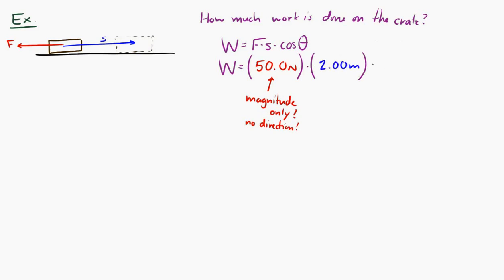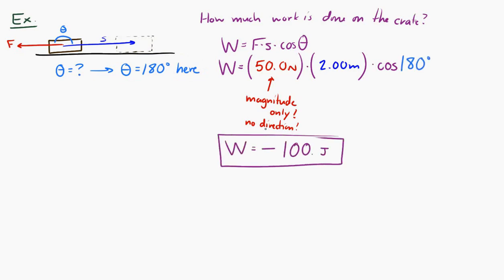And the angle between the force and the displacement here, well, your force is to the left, your displacement is to the right. The angle between those two things is 180 degrees. So it's cosine of 180 degrees. So you end up with a work of negative 100 joules. In other words, you transferred 100 joules of energy away from the crate. You took 100 joules of energy away from the crate.